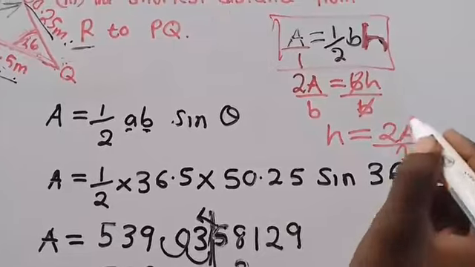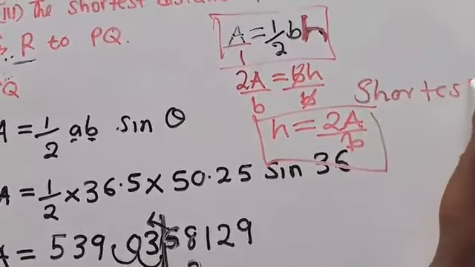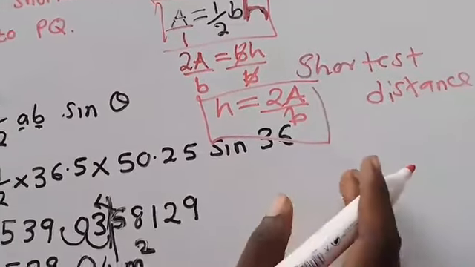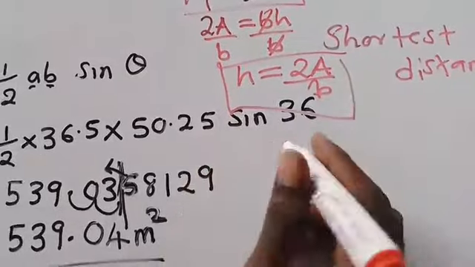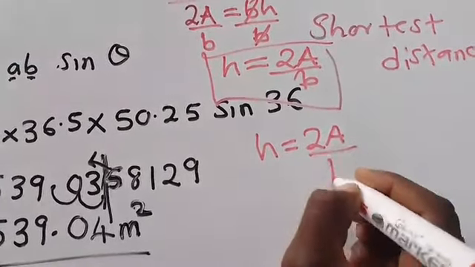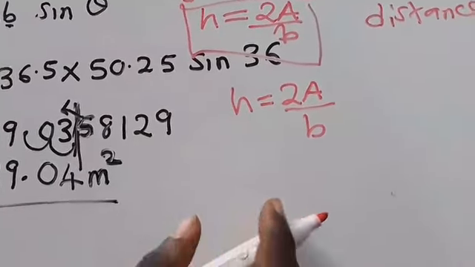You can use this formula for the shortest distance whenever you are asked to find it, so you just need to master this formula: h is equal to 2a over b.